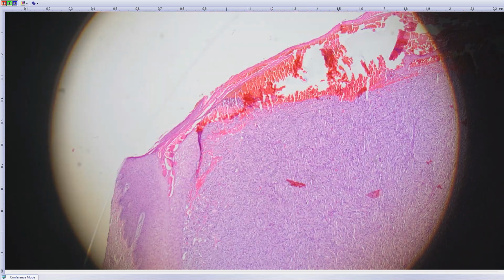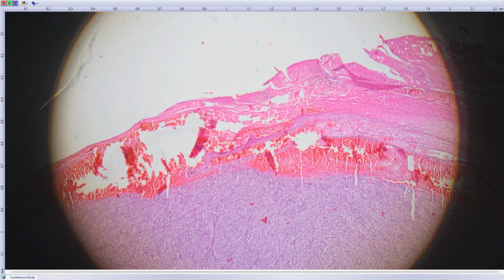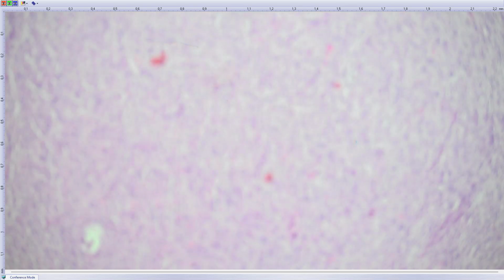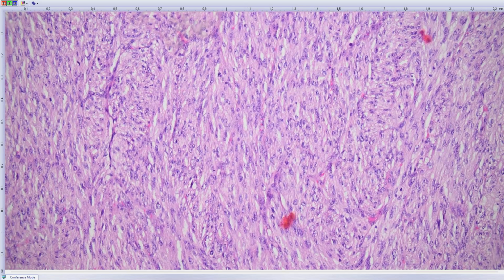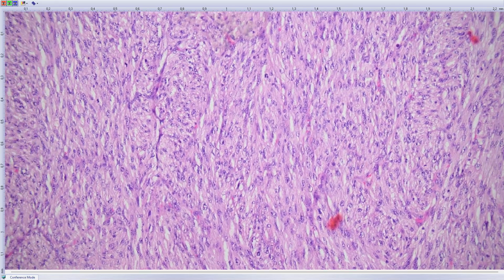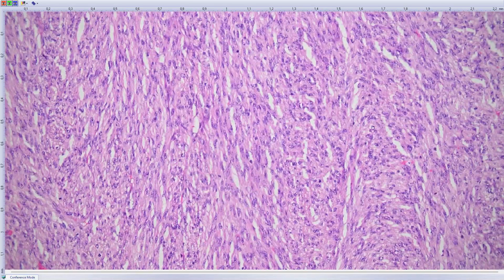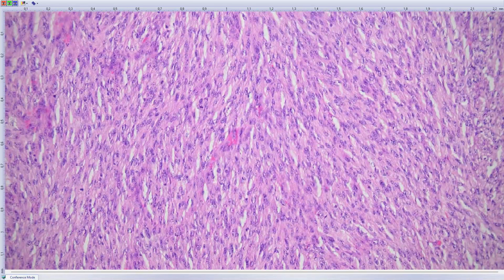And you can see this very thin epidermis here with crust formation over this malignant looking spindle cell proliferation with many mitotic figures and cytologic atypia, and that's it. It's really a monotonous, high-grade sarcomatous proliferation in the skin.